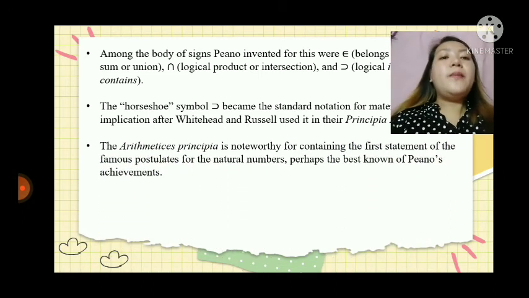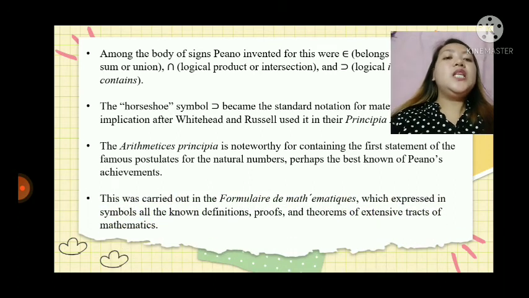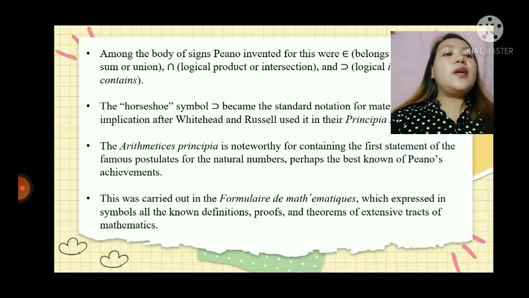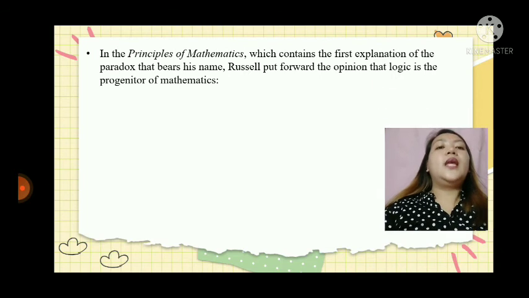The Arithmetices Principia is noteworthy for containing the first statement of the famous postulates for the natural numbers, perhaps the best known of Peano's achievements. This was carried out in the Formulaire de Mathématiques, which expresses in symbols all known definitions, proofs and theorems, and extensive tracts of mathematics.